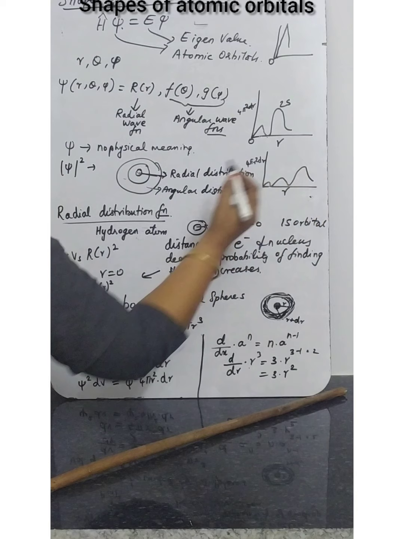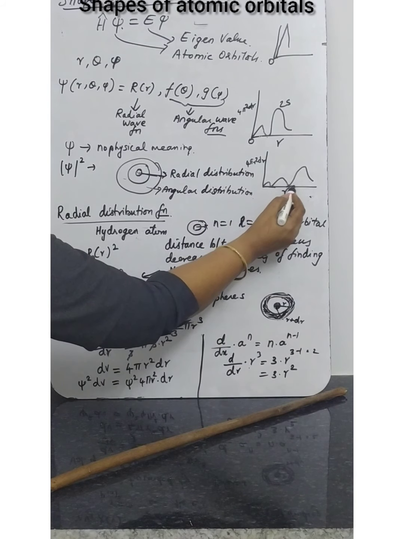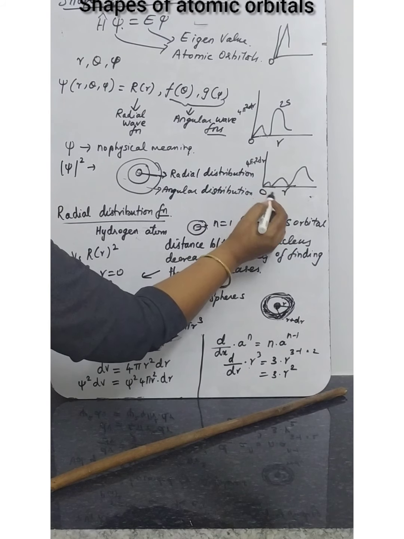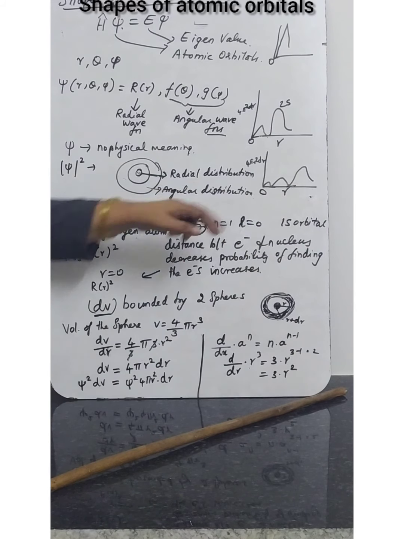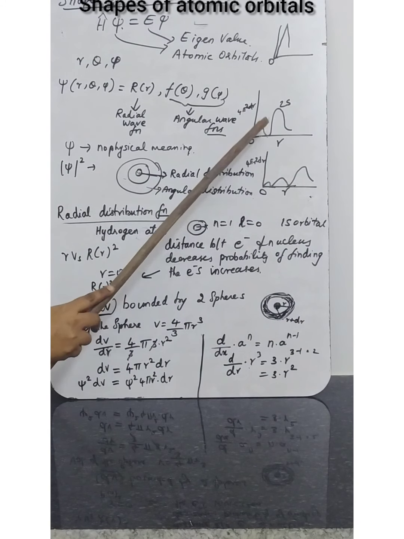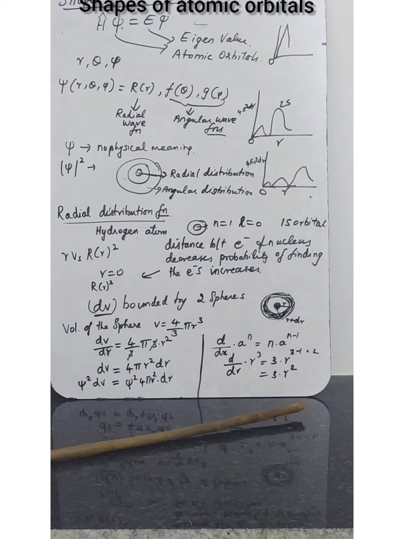So totally 2 nodes. So in the 3s orbital 2 nodes, in the 2s orbital 1 node, and in the 1s orbital there is no node. Understand or no? Okay.